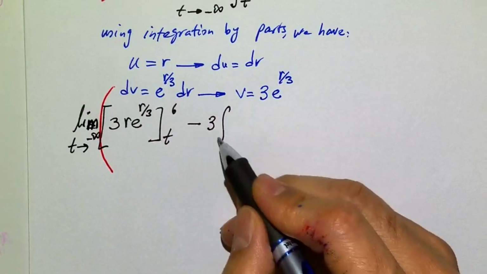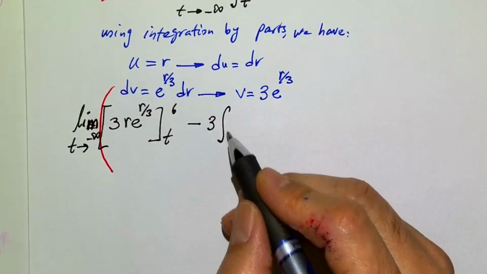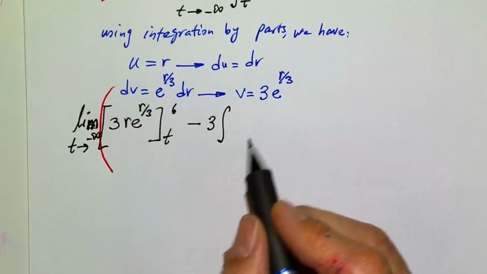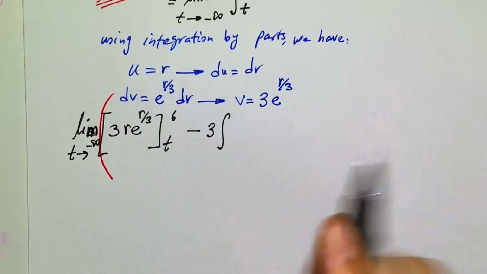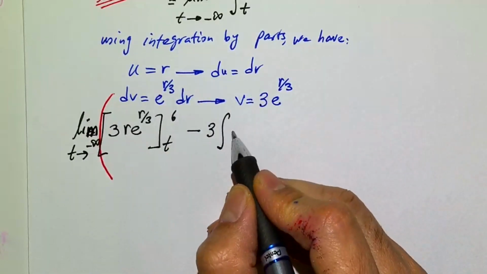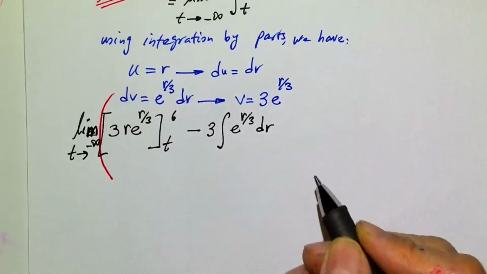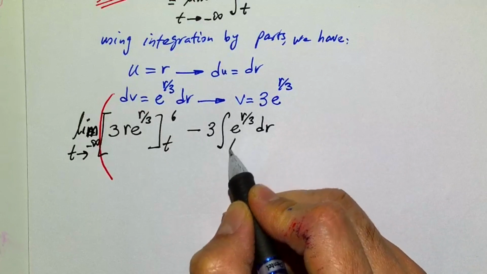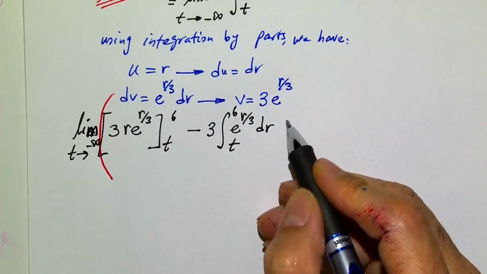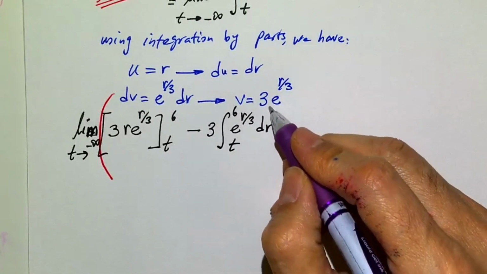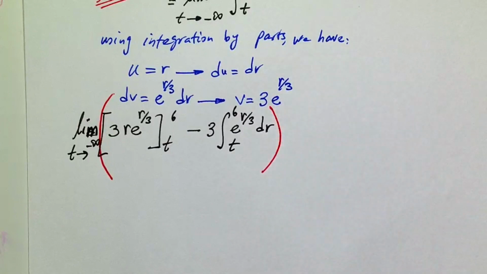Okay, then I don't have to make a mess of this. All right, 3 and du, which is dr. So we have e to the r over 3 dr, and of course these limits are t to 6. And then I'm going to close this red parentheses. Okay, I think that should do it.